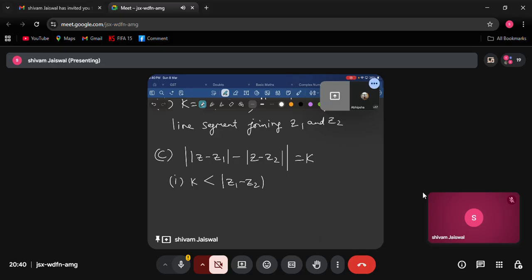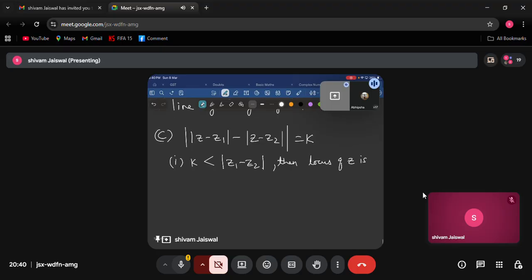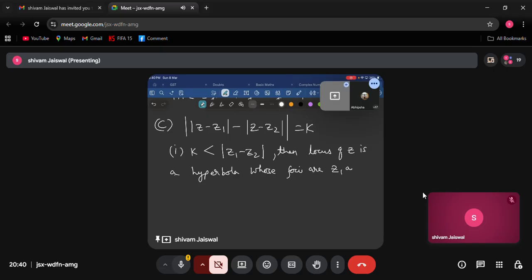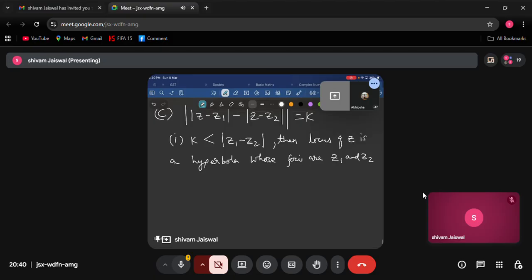Difference of two sides must be less than the third side, right? Then locus of z is a hyperbola whose foci are z1 and z2.